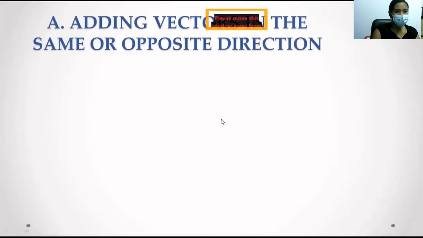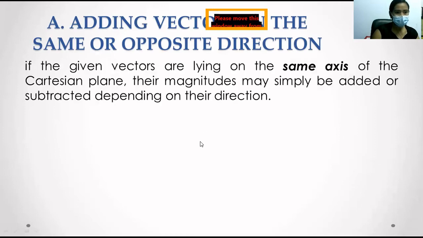So analytical method number 1: adding vectors in the same or opposite direction. If the given vectors are lying on the same axis of the Cartesian plane, their magnitudes may simply be added or subtracted depending on their direction.